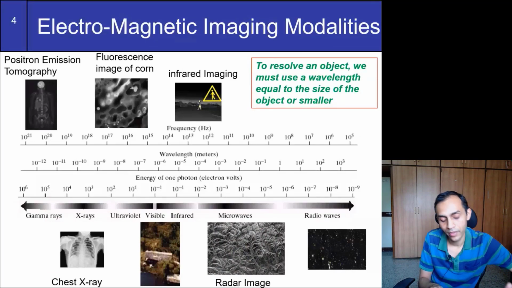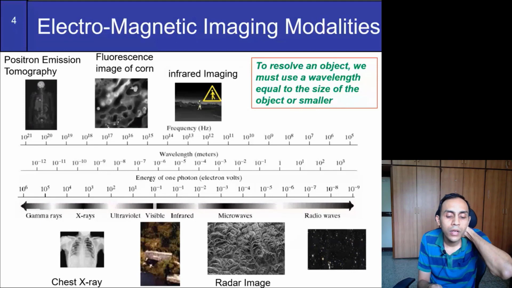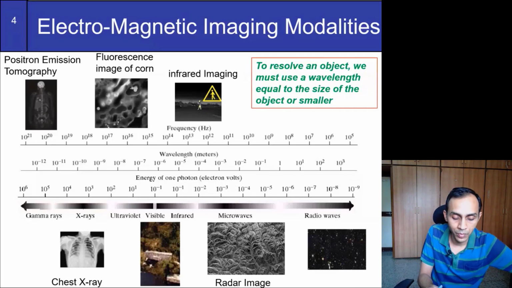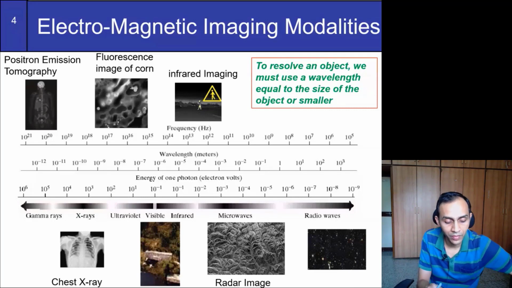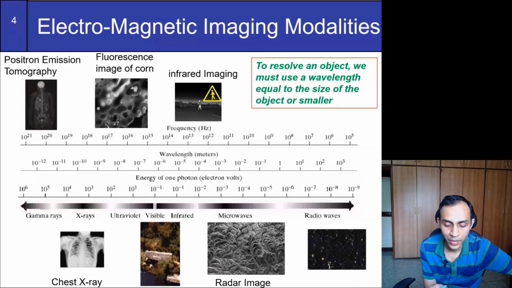The principle of optics says that to resolve an object, we must use a wavelength which is either equal to the size of the object or smaller. That means we may not be able to perceive objects of all sizes and aspects with the same electromagnetic wavelength.